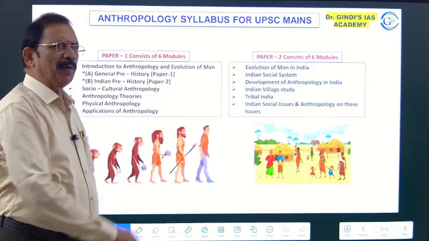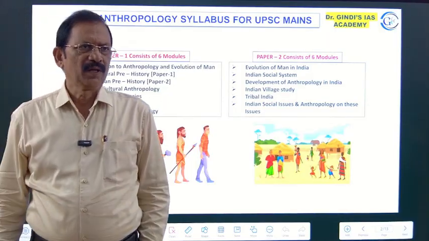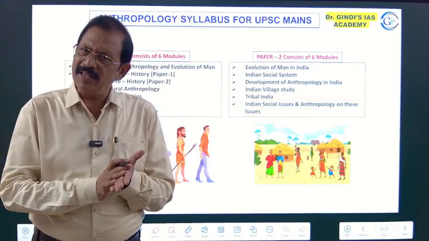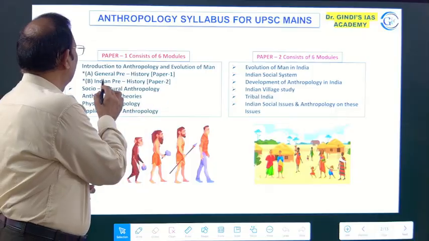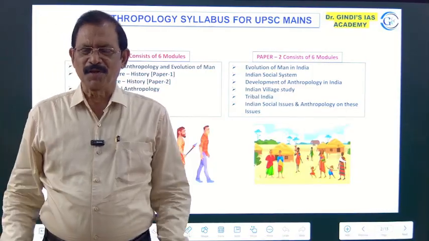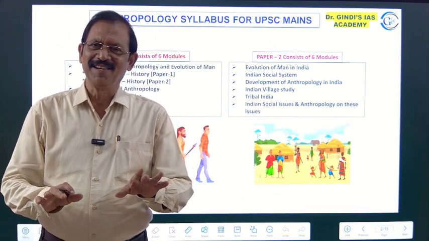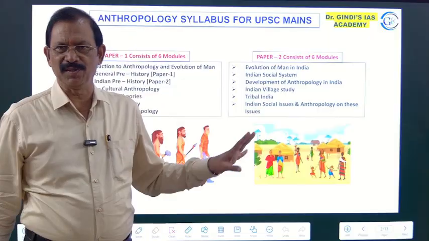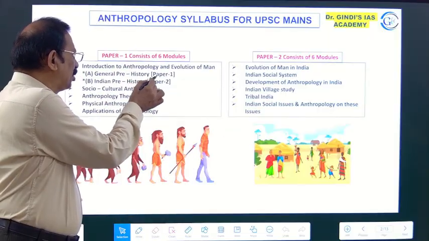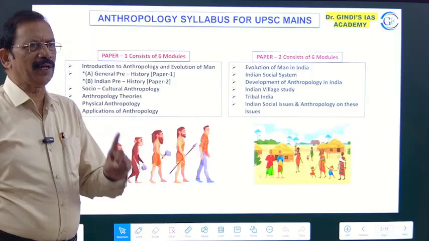Both paper 1 and paper 2 are different, but still they are related to each other. Here, we are going to study prehistory. Of course, I will explain what is meant by history and what is meant by prehistory, everything. Just now I am giving only the introduction to the syllabus. I have mixed both paper 1 and paper 2 under one umbrella.